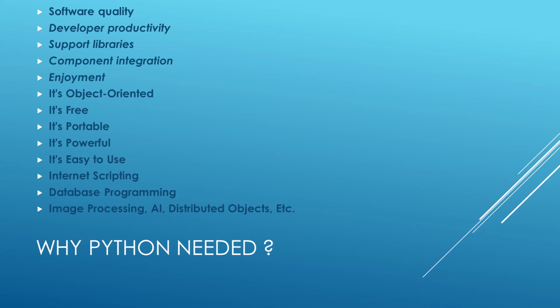Component integration. Python scripts can easily communicate with other parts of an application, using a variety of integration mechanisms. Such integrations allow Python to be used as a product customization and extension tool.